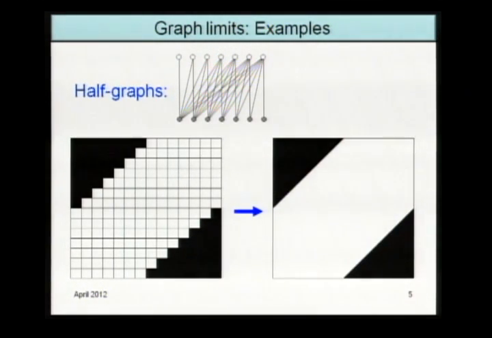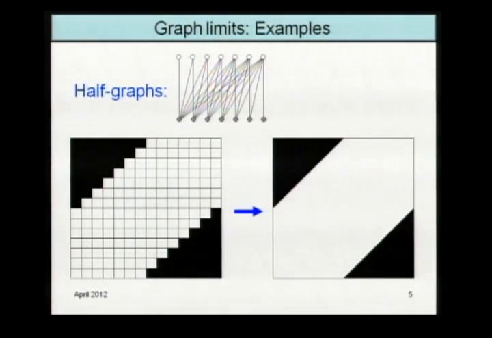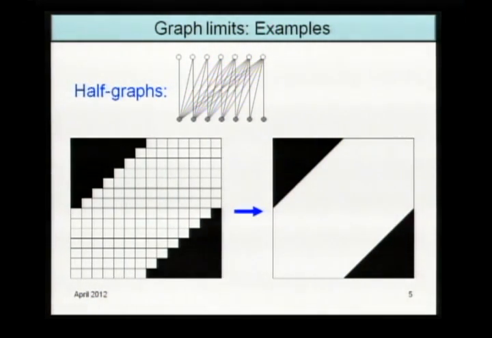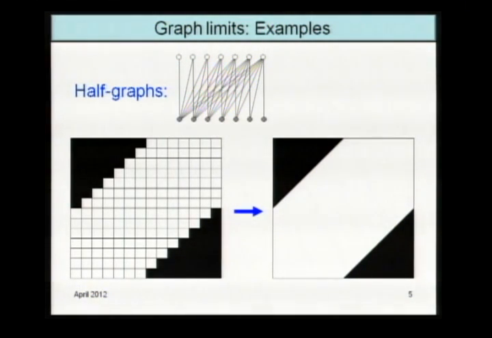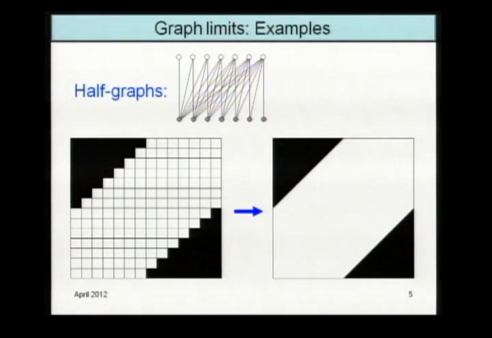Clearly, it should tend to this function, again considered as a function on the unit square. I forgot to rotate it in this case, sorry about that, so the origin is now in the lower left corner. It's a two-variable function. It's 1 on those two triangles and 0 elsewhere.